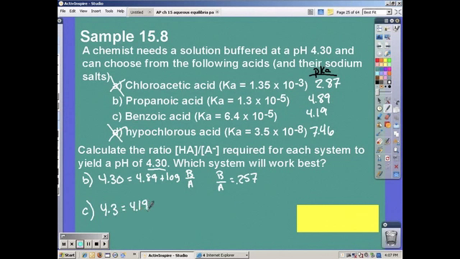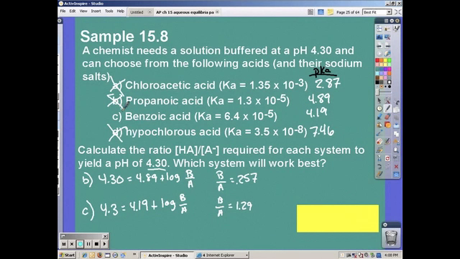Do the same thing for C. This time your ratio is 1.29.